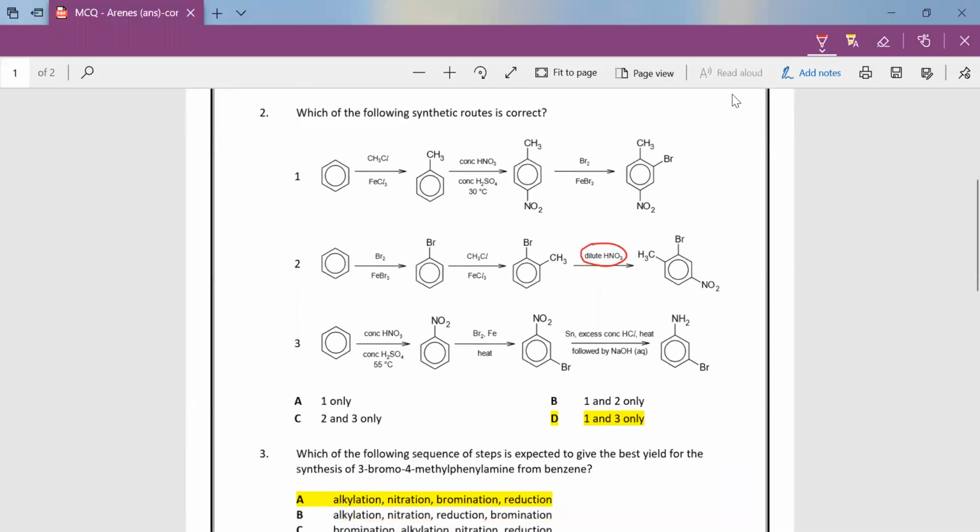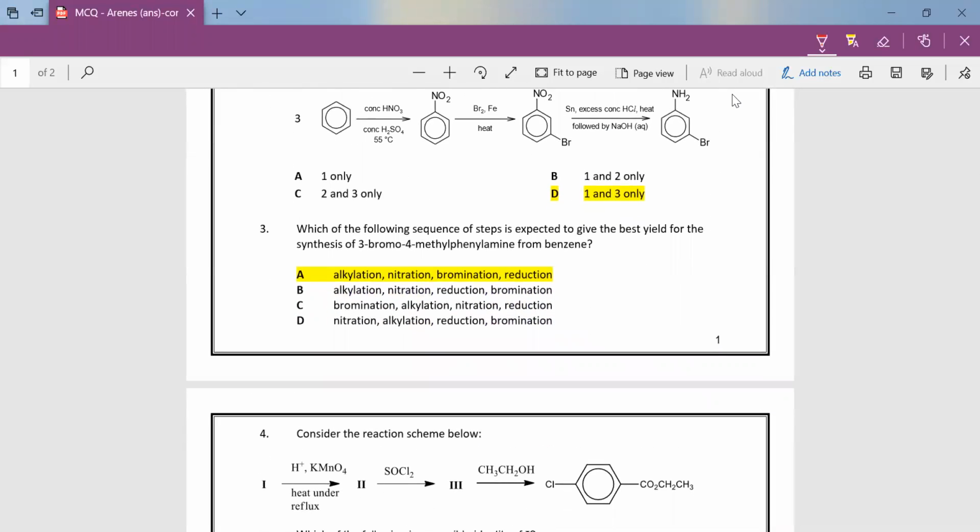Okay. Question 3. Which of the following sequences of steps is expected to give the best yield for the synthesis of 3-bromo-4-methyl-phenylamine? Okay, so what do you want to do? You want to form a benzene ring. So you want 3-bromo-4-methyl-phenylamine.